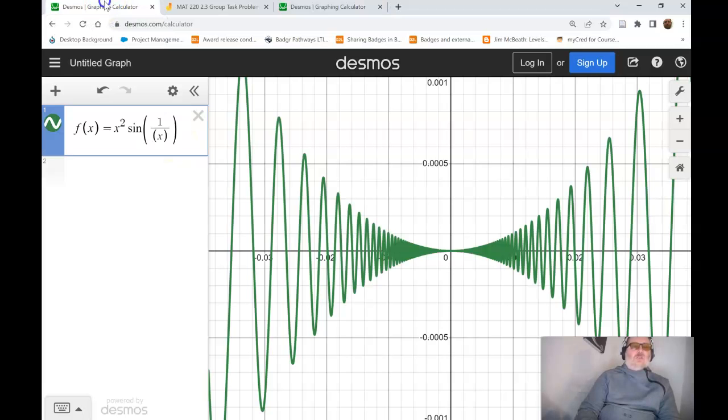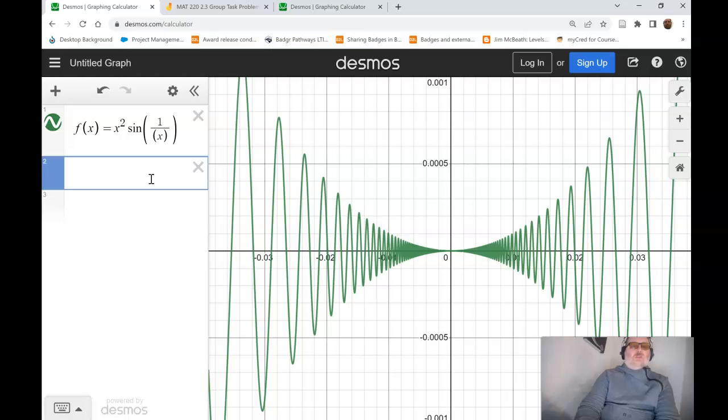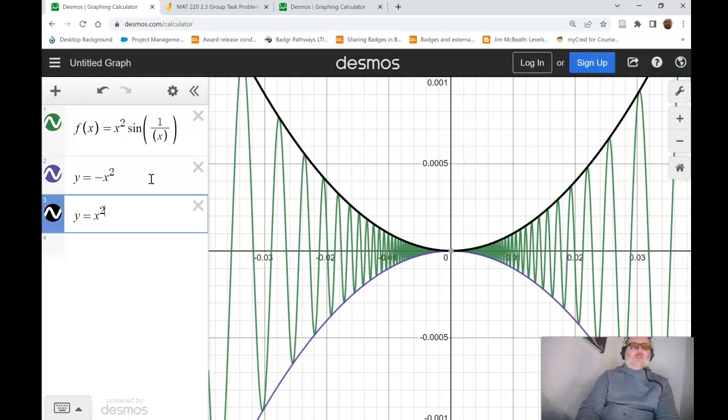So now we will come over to here and we'll put in y equals minus x squared and y equals x squared. And what we can see tracing these is that both are defined at 0, 0, or in other words, have limits as x approaches 0 of 0.